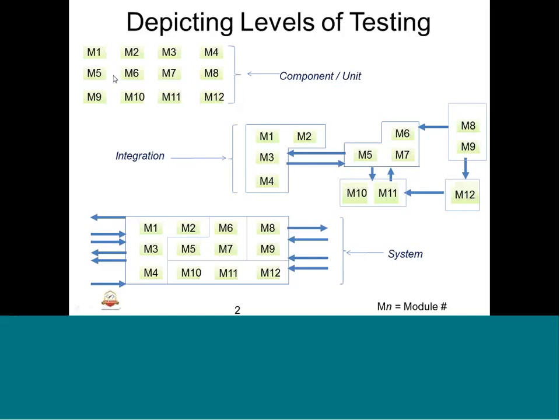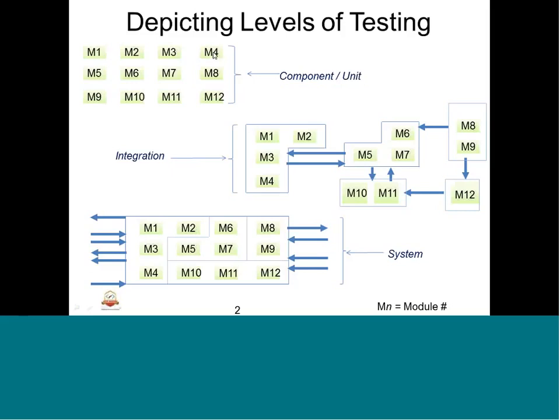In this diagram you can see different blocks. The same blocks have been rearranged for different types of testing. The first level of testing we will see is component or unit testing. Suppose there are 12 modules in the embedded software, M1, M2, M3, M4 till M12. Each unit will have to be tested separately as a component.